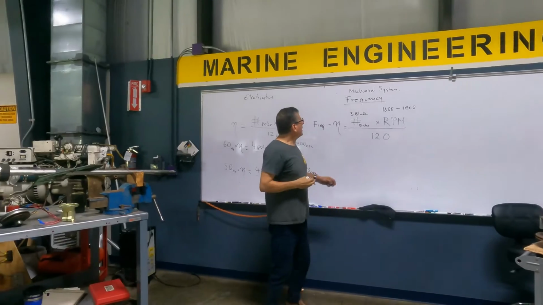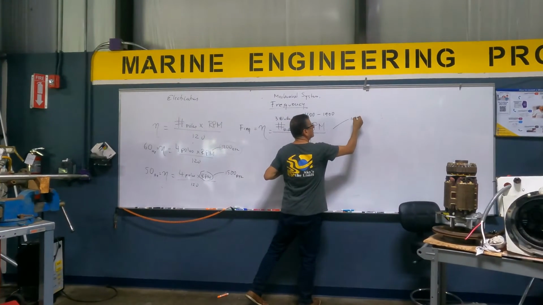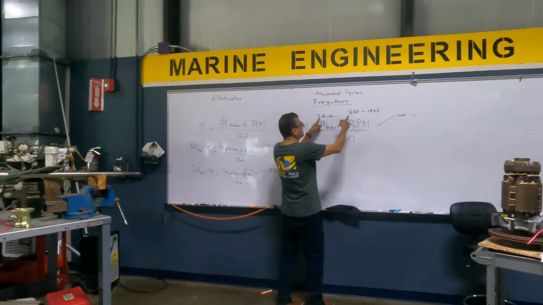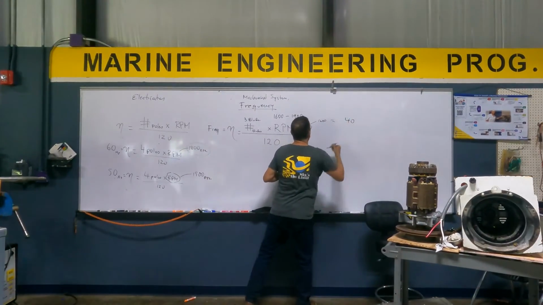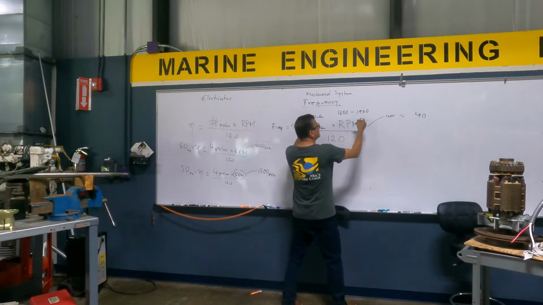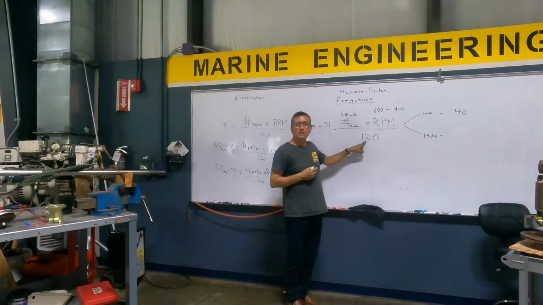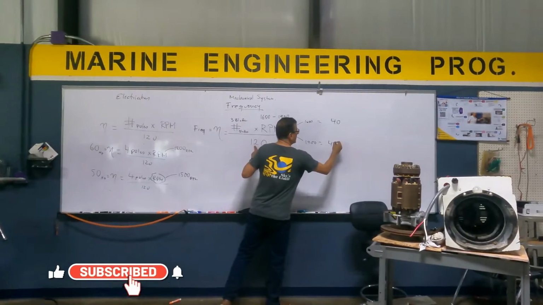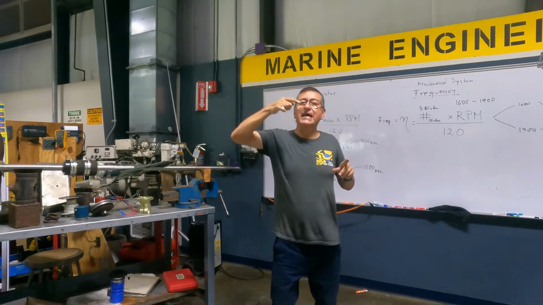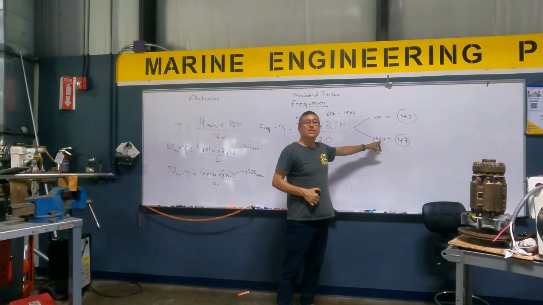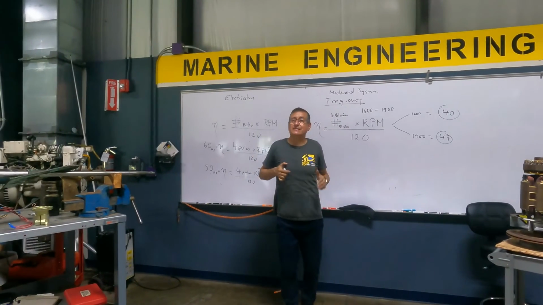How much is 3 times 1600 divided by 120? 40. How much is 3 times 1900 divided by 120? 47.5. Okay, pay attention. After 1900, no vibration, you remember? Because after that it is pretty close to 50 and 60.